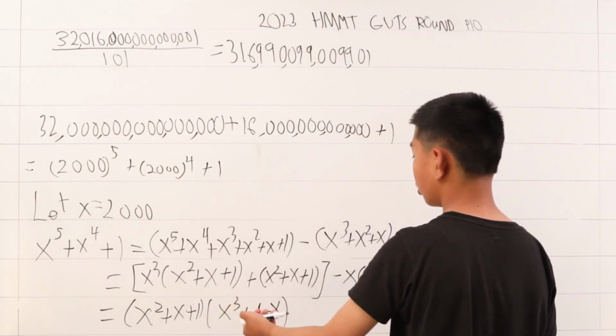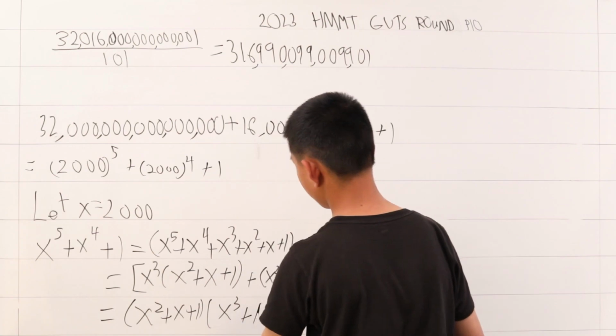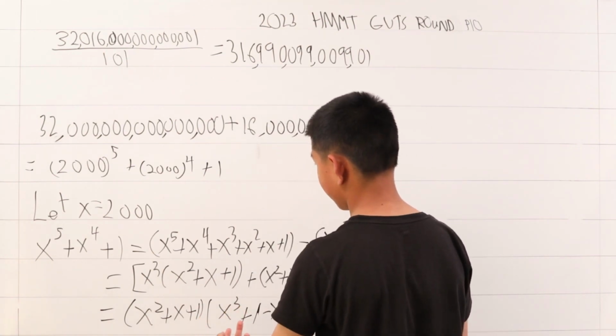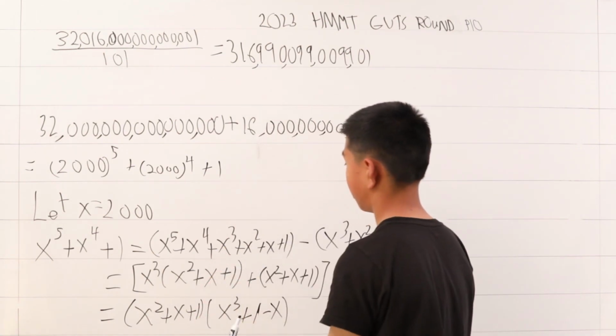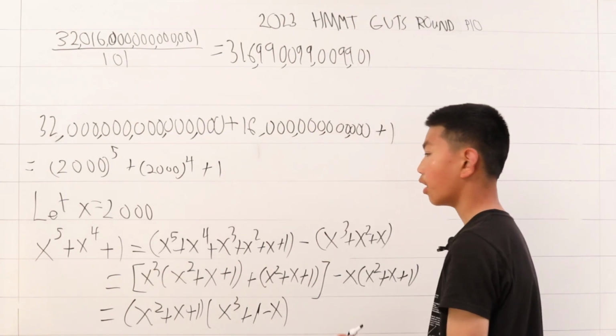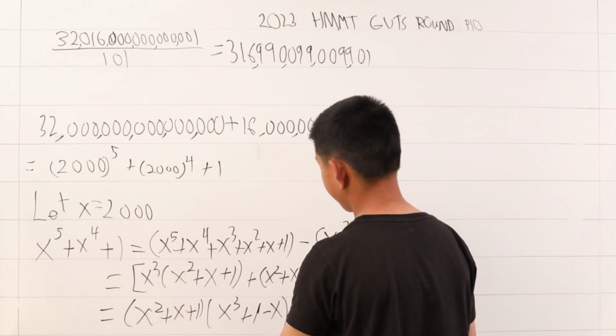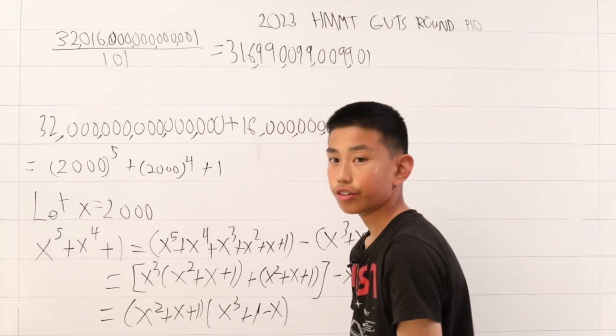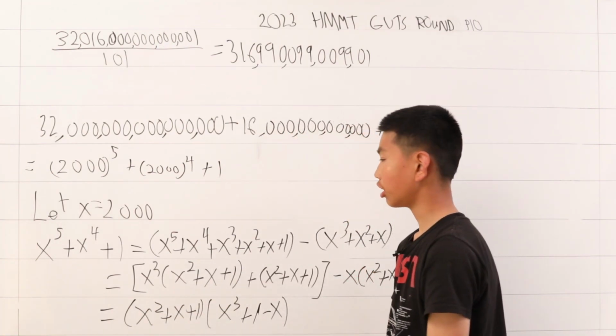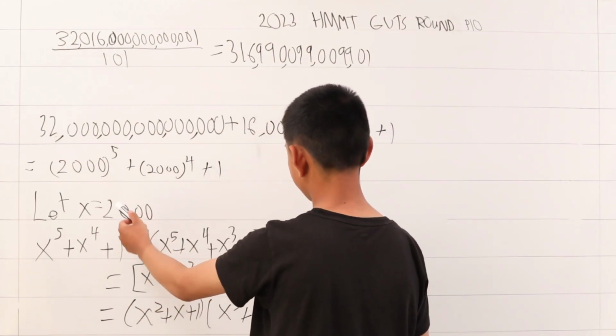So now we essentially have two numbers being multiplied together, most likely prime numbers. Now, all we have to do is figure out the smaller prime number here and calculate that value. Recall that earlier we let x be equal to 2000.